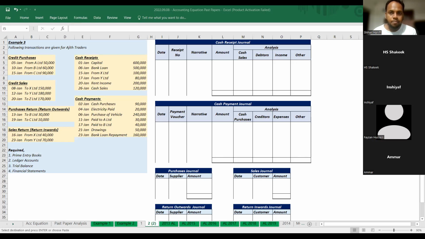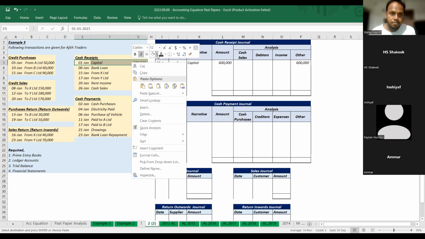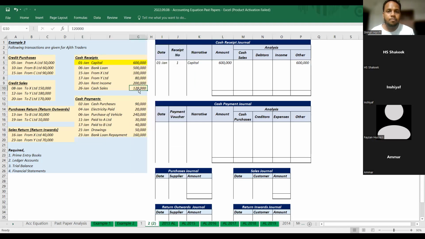First of January, receipt number 1, narrative or the description is capital, analysis, other column, capital. Then number 2, bank loan. So when we obtain a bank loan, the cash receipt, cash will increase.